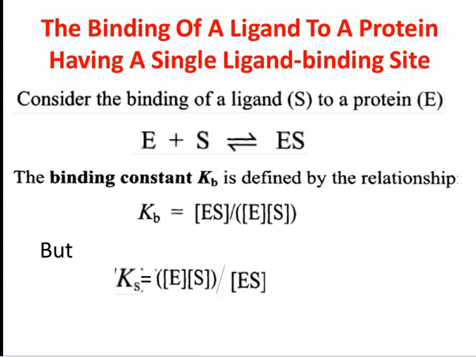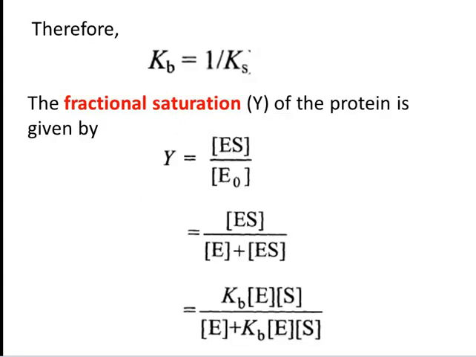But as we are discussing the Michaelis-Menten equation, the Michaelis constant Ks is equal to the concentration of E times the concentration of S divided by the concentration of enzyme substrate complex. Therefore, by rearranging this equation, Kb is equal to 1 by Ks.